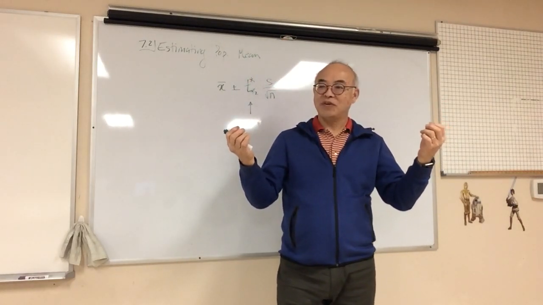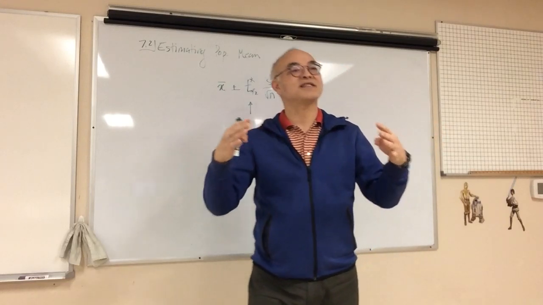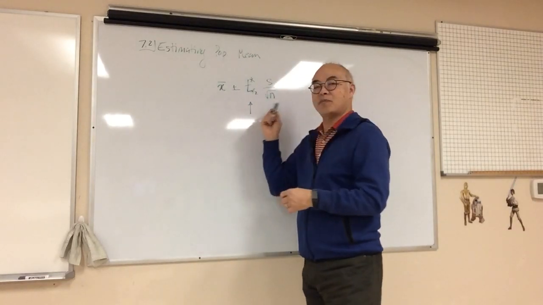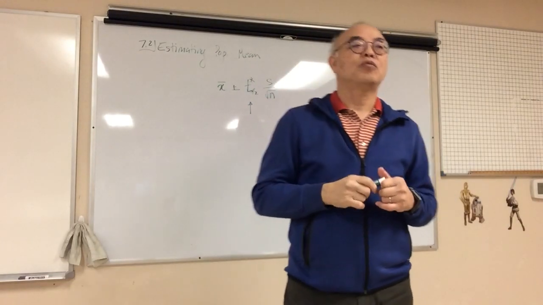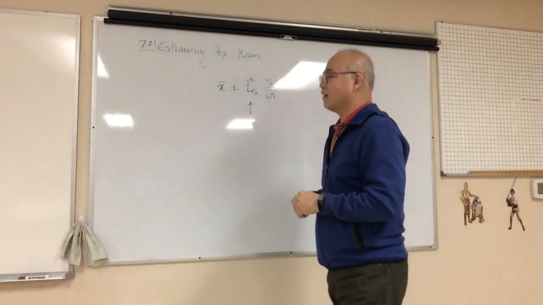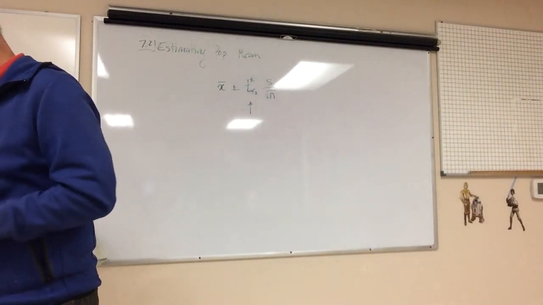Degree of freedom is n minus 1. So as we increase the sample size, the T distribution will look more and more like a normal distribution. Good, very good. So this is what we learned.